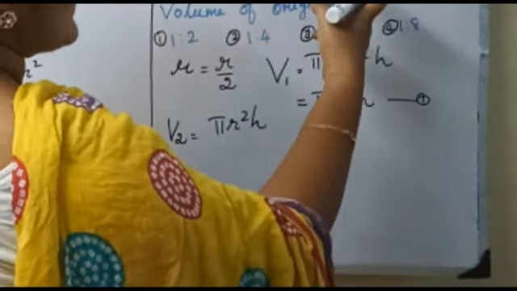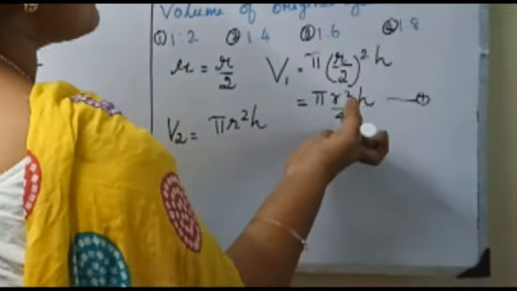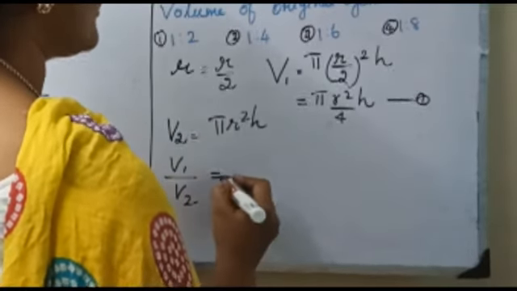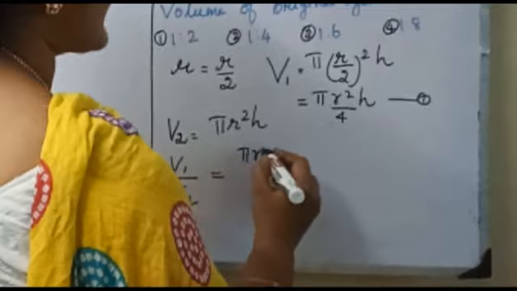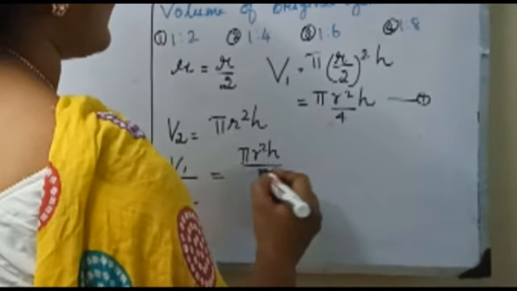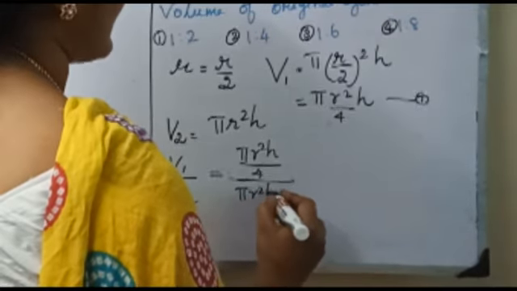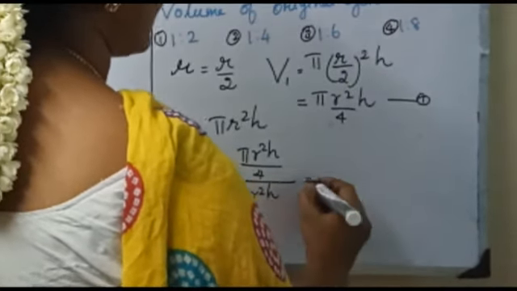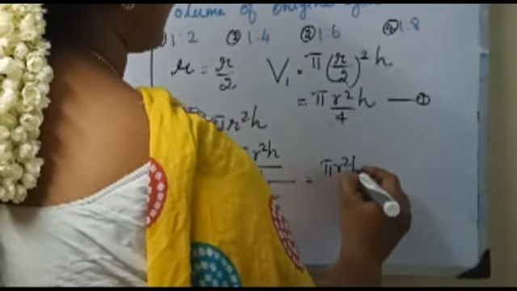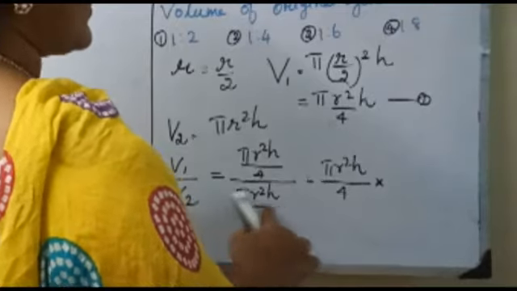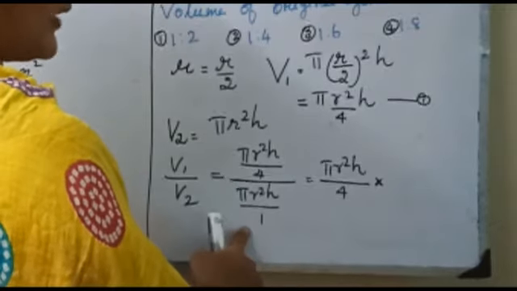Now they are asking for the ratio of this new volume to the original volume. So V1 divided by V2 is equal to pi r square h divided by 4, divided by pi r square h. So this can be written as pi r square h divided by 4 into, so pi r square h means pi r square h divided by 1.